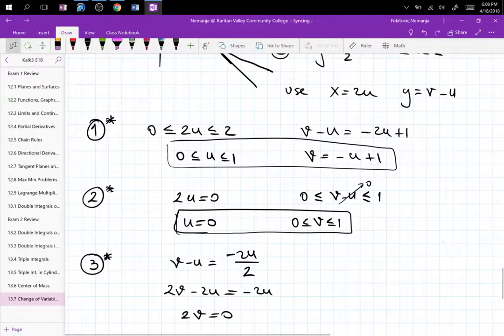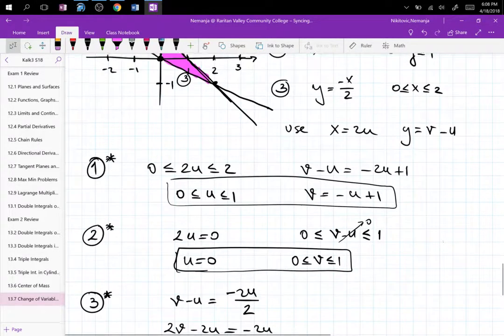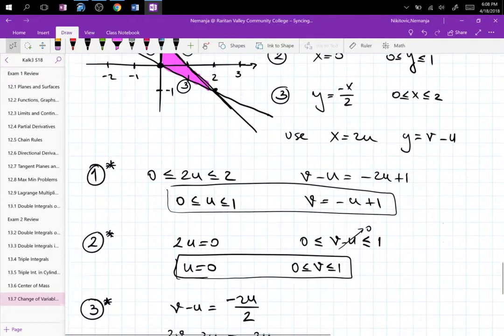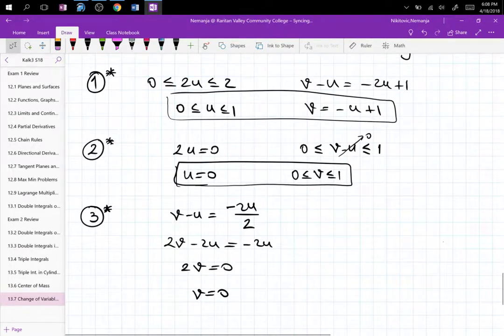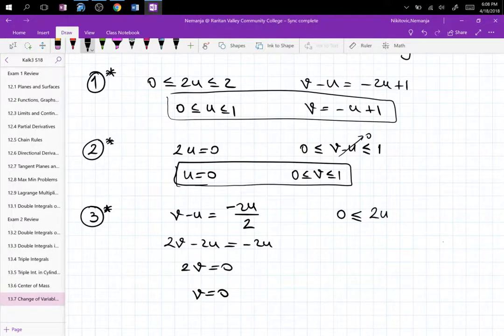And we also have the same 0 less equal than x, which is 2u, less equal than 2. When you divide by 2, it is 0 less equal than u less equal than 1.